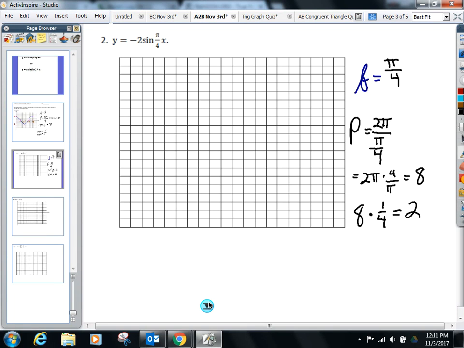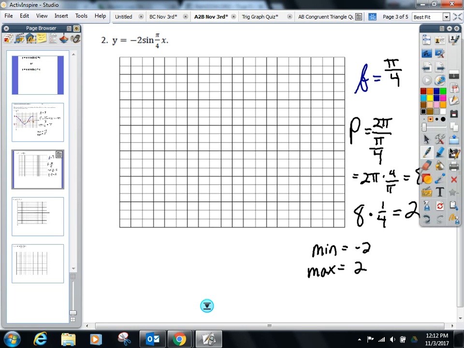What's my minimum and maximum on this graph? -2 and 2. There we go. So you guys know how to set up your y and x now, and then we'll talk about what the curve looks like.